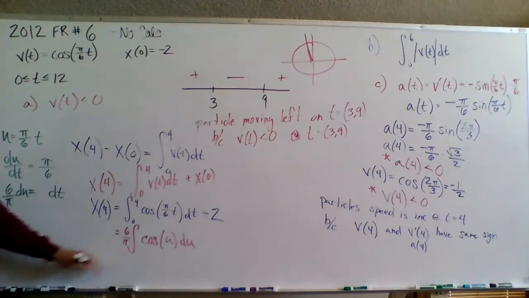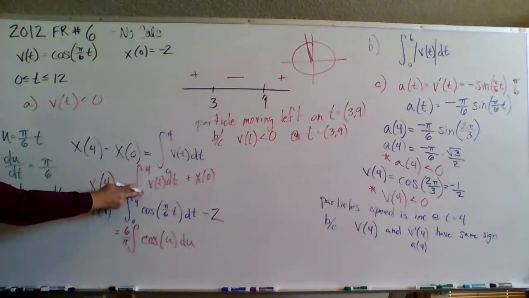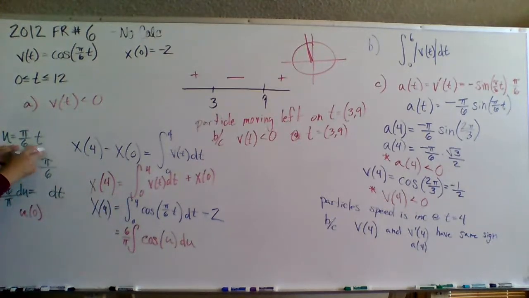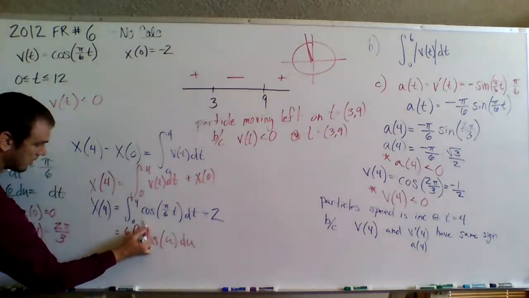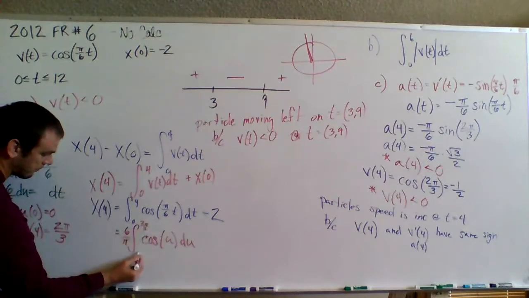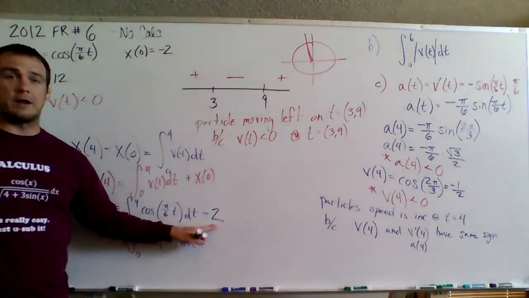Now my boundaries: I need to find u of 0, because that was going to be my lower boundary. So u of 0 is pi over 6 times 0, which is 0. u of 4 is pi over 6 times 4, which we've done several times in this problem, and that gives you 2 pi over 3. So we're going to go from 0 to 2 pi over 3. That's going to give me x of 4. We did all that work. Don't forget about this minus 2 now.